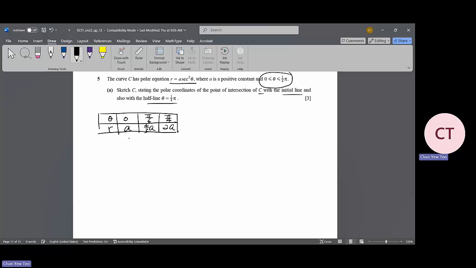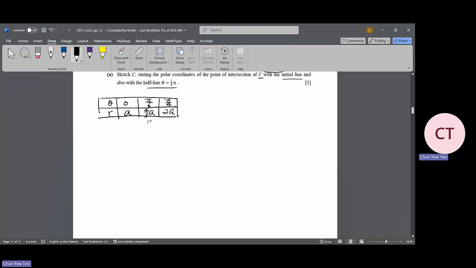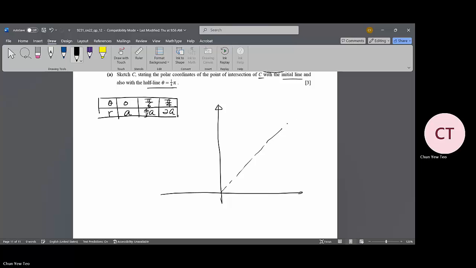So you can see that r is increasing. So what you need to do is roughly estimate. This is theta equals pi over 4. This is theta equals 0. So your graph only exists in this portion.